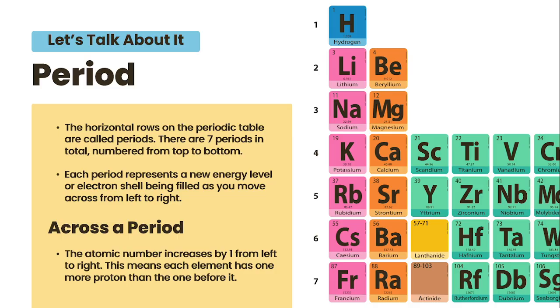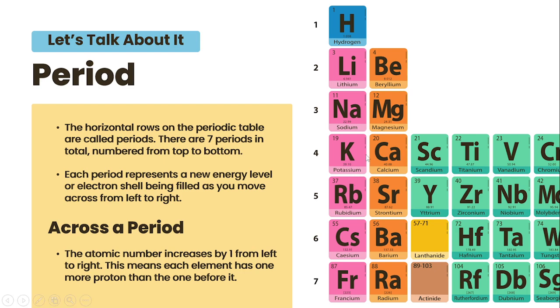Across a period, the atomic number increases by 1 from left to right. For example, sodium has atomic number 11, while magnesium has atomic number 12. So you can see the increasing order by 1.